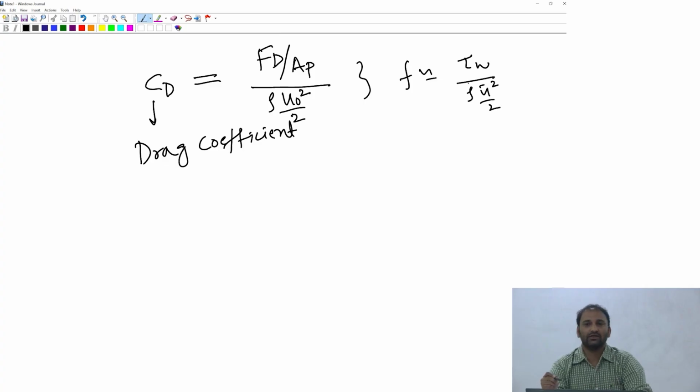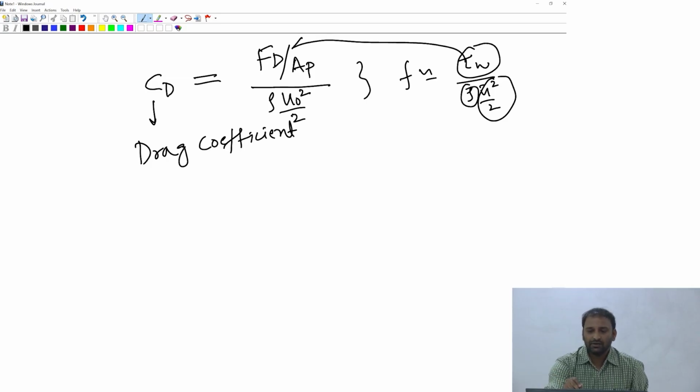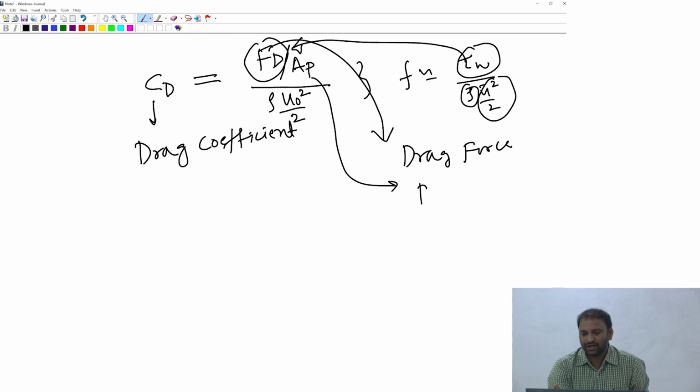It was density multiplied by the velocity head, and there was a wall shear stress. Now, your shear stress is actually force per unit area. So F in this is what is called the drag force, and A_P is something called the projected area.